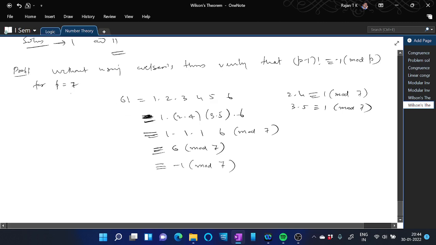Thus, for p equal to 7, we have 6! congruent to -1 mod 7, which is Wilson's theorem.